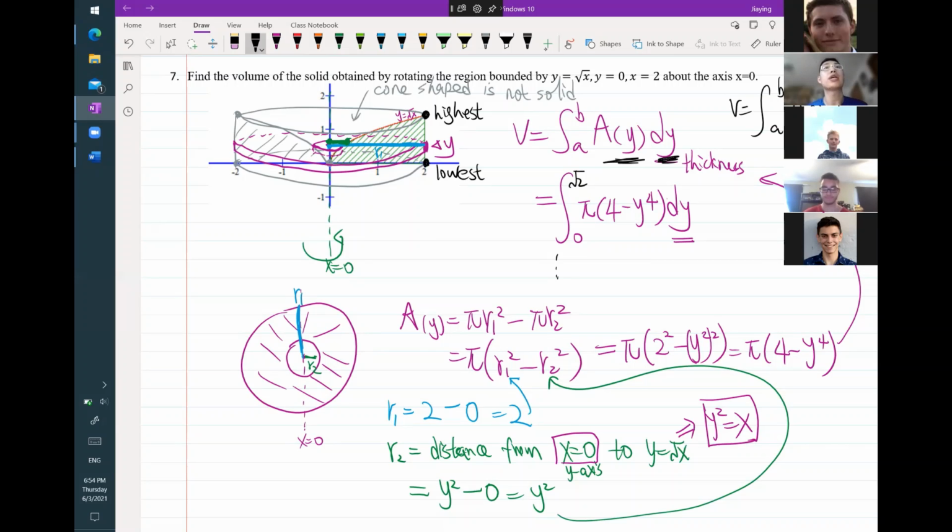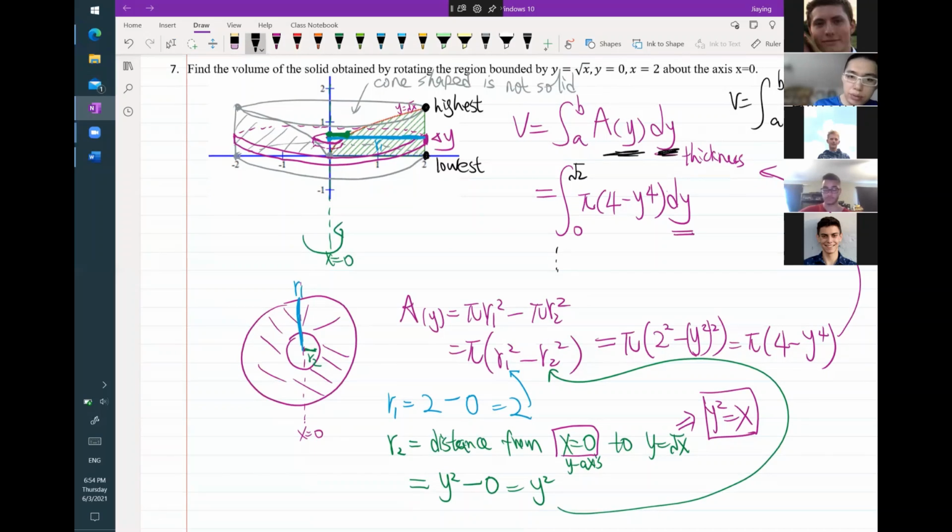Can you just explain how I got y squared? I hope you agree with me that for the radius of the inner circle, the inner part of that washer shape, the radius is given by the distance from the y-axis to the function y equals square root of x. So that's this green segment I have.